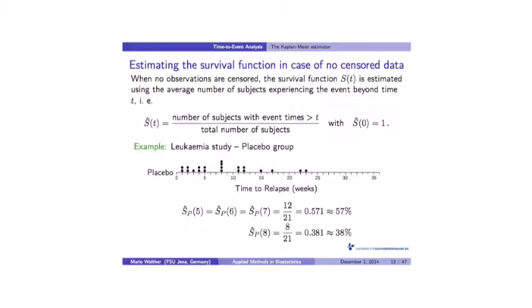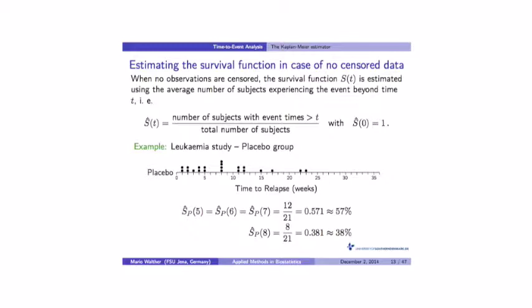That is, you count the number of subjects having an event of interest after a given time point t and divide it by the total number of subjects, with the convention that the estimated survival probability at time point 0 equals 1.